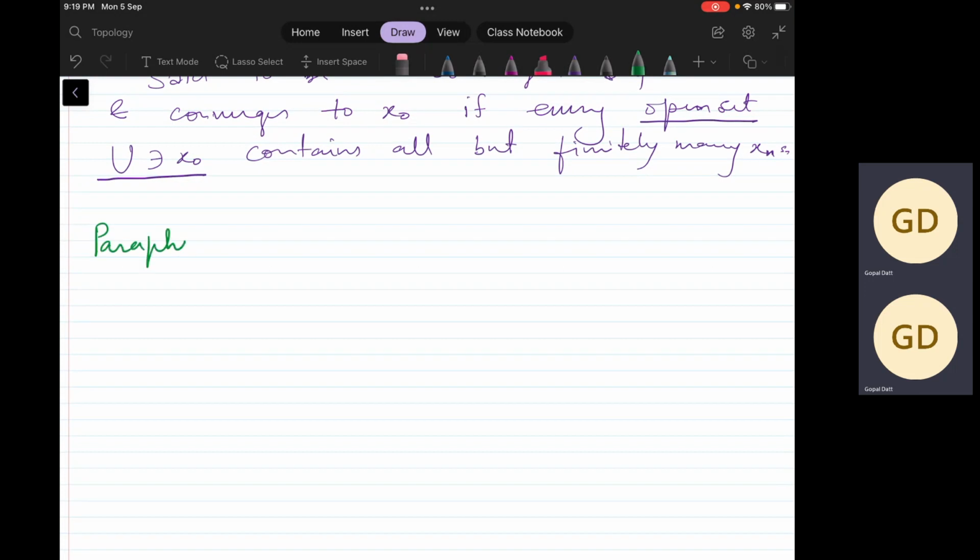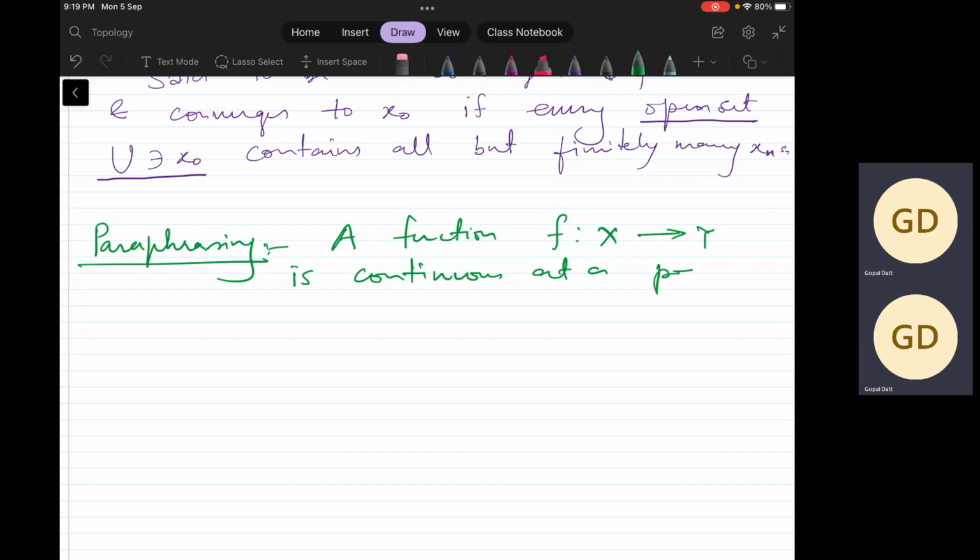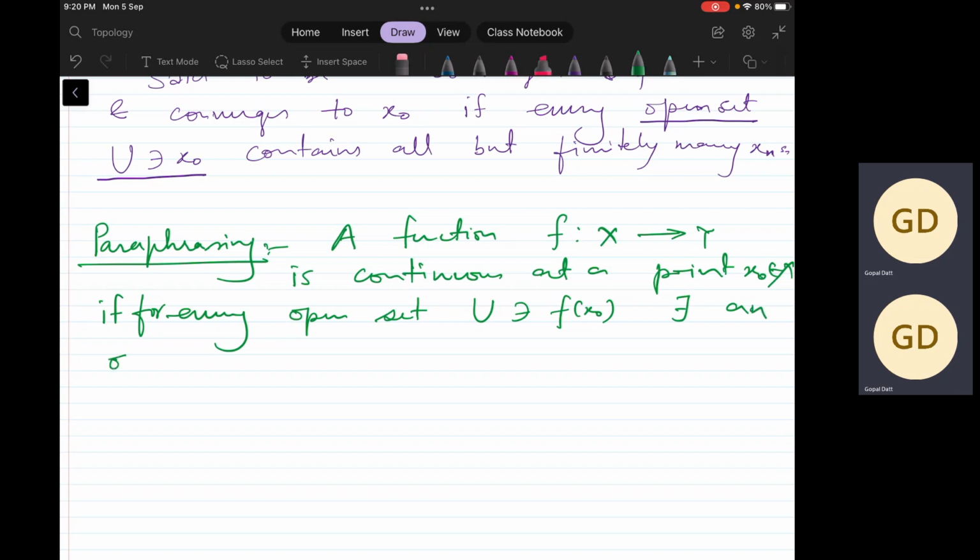Second definition: a function f from a metric space X to another metric space Y is continuous at a point x naught in X if for every open set U containing f(x naught), there exists an open set V containing x naught in X, with the following property such that f of V is contained in U. So now we have defined continuity in terms of open sets.